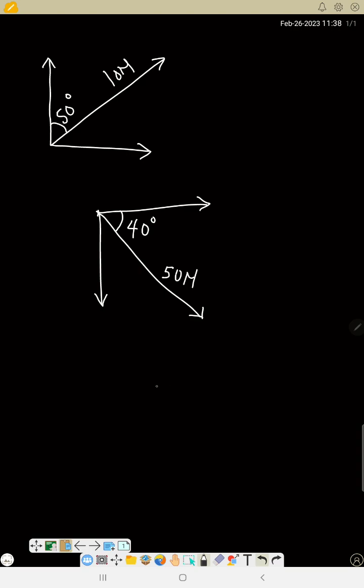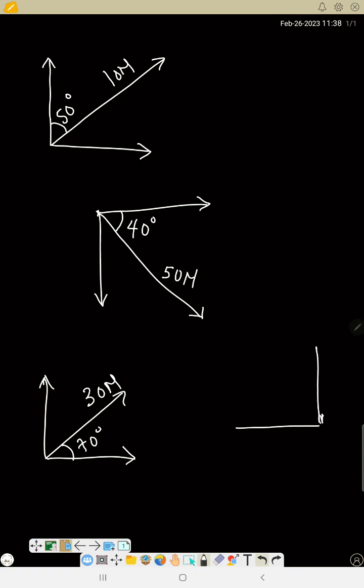You can show me the solution in the comment box. Or if you understand, just say you understand. So now just resolve all this into horizontal and vertical based on what I have explained.